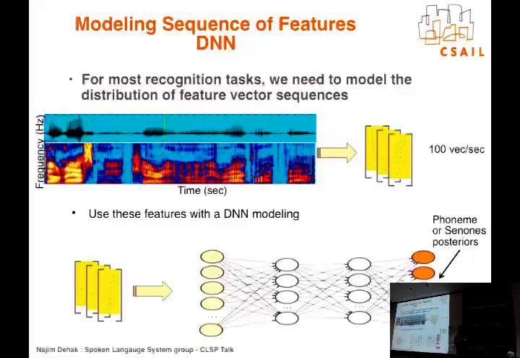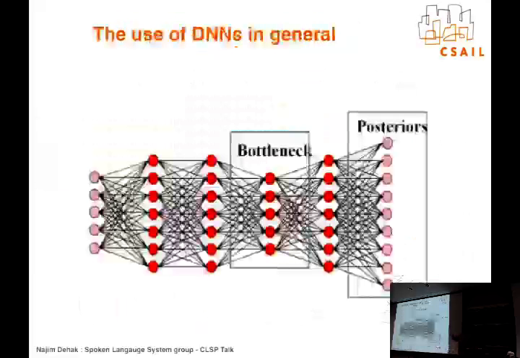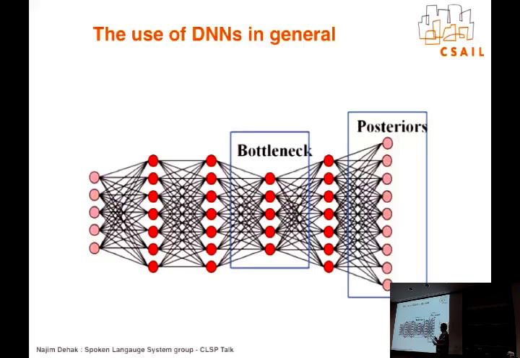But what I'm saying here is that the way we are now using DNNs for whatever task, we only use the output layer as a decision, or we take some intermediate representation and use it as new features for our models. But we never actually looked at the whole thing.